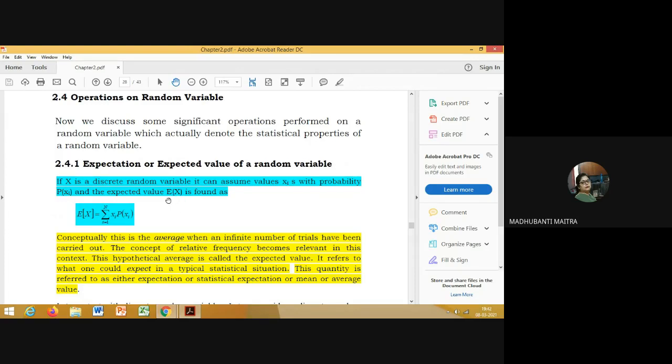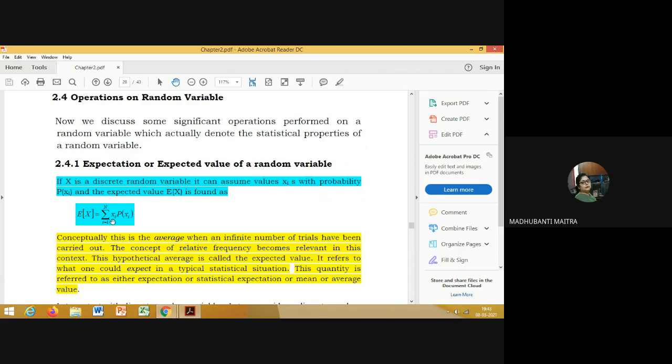Then the expected value E[X] can be computed as, this is the notation, the summation from i equal to 1 to n, where n is the number of possible realizations of the random variable, of xi times the probability that the random variable X will assume the value xi.